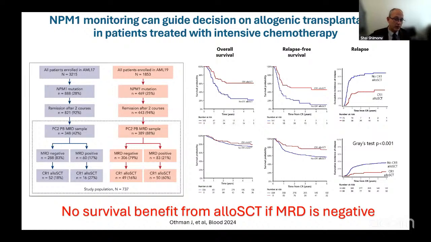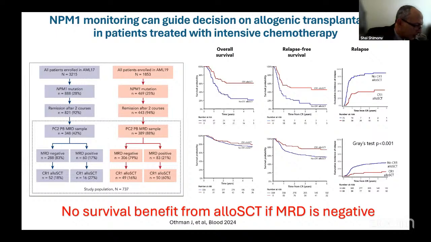So far, we talked about the prognostic value of NPM1, which means I have data from NPM1, and what does it tell me about longevity, about survival? But can this data also help us make or change our decisions?